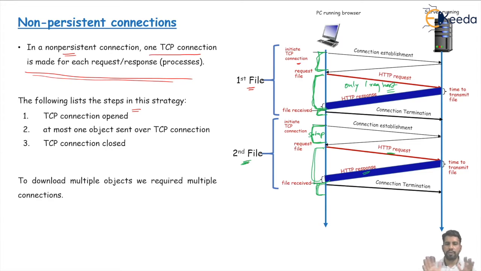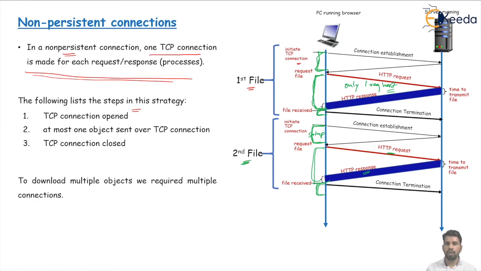Means for every request, first you need to set up the connection to the server, and after the request is fulfilled by the server, you need the connection termination also. And the second time if you want any request to the server, then again you need to set up a connection to the server. The data transfer phase will take place and the connection termination phase will take place.